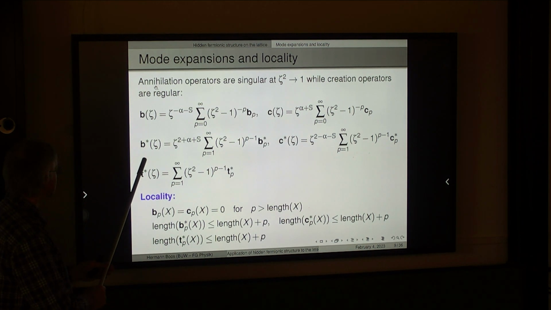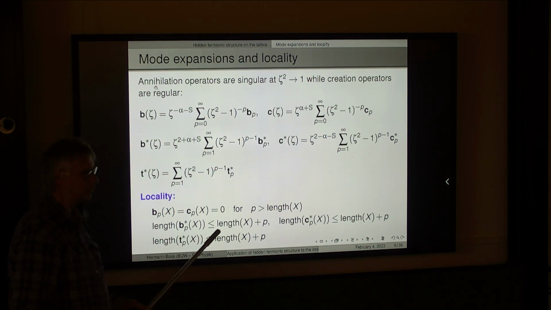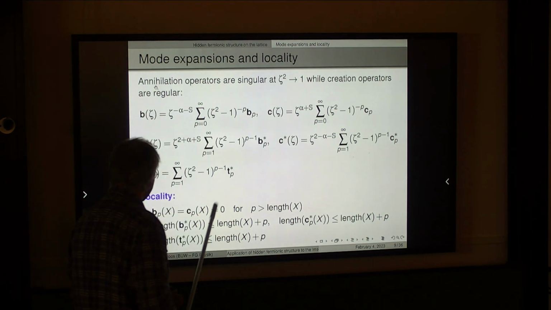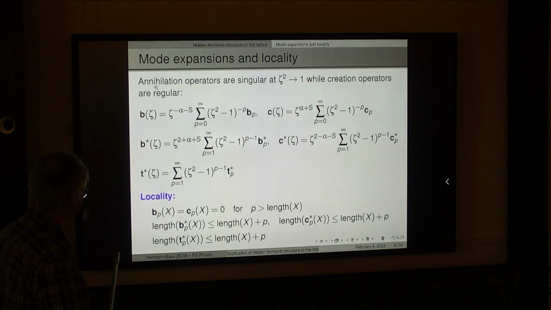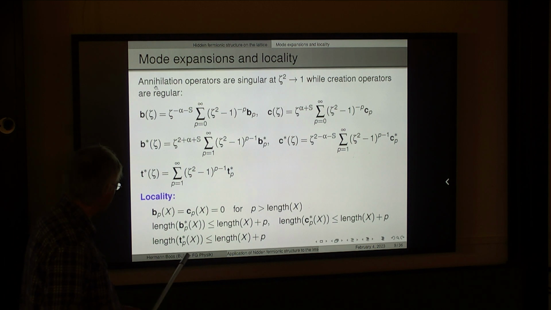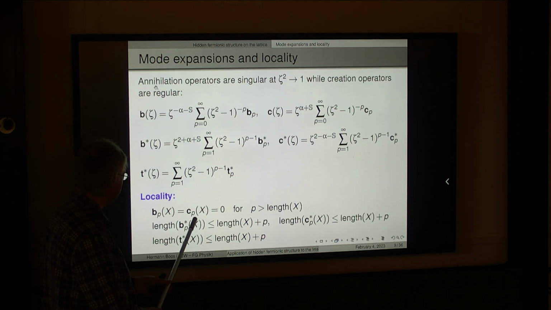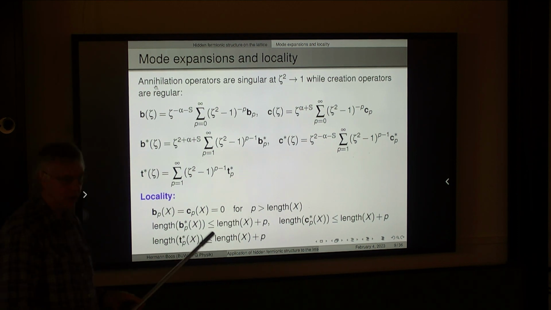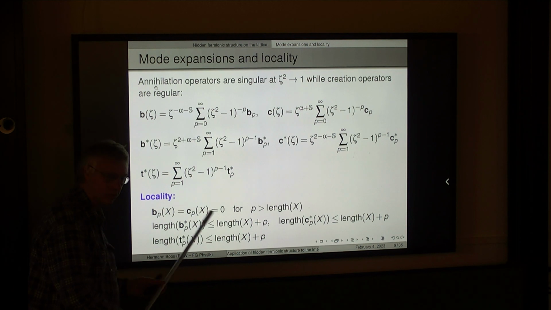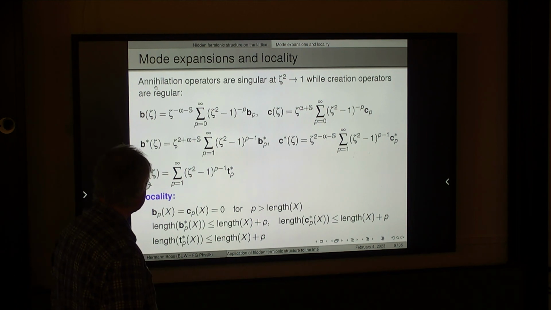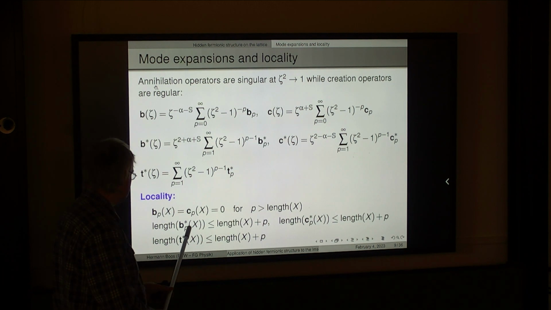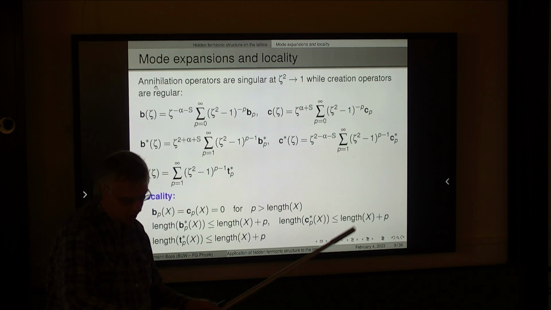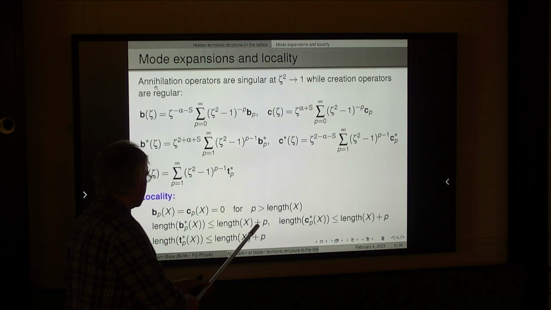And for creation operators, we have a sort of Taylor expansion with modes b_p star, c_p star, and t_p star. There is a very important property, namely locality, which means that, for example, b_p and c_p acting on some operator X with a length smaller than p, they are killed, so to say, by these modes. And these creation operator modes enlarge the support by at most p.